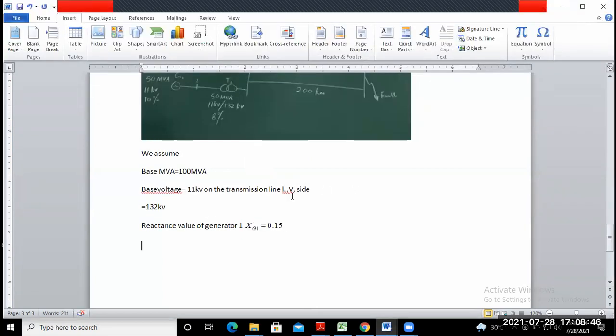Now what is the reactance value of generator 2? The reactance value of generator 2 is represented by x suffix g2.